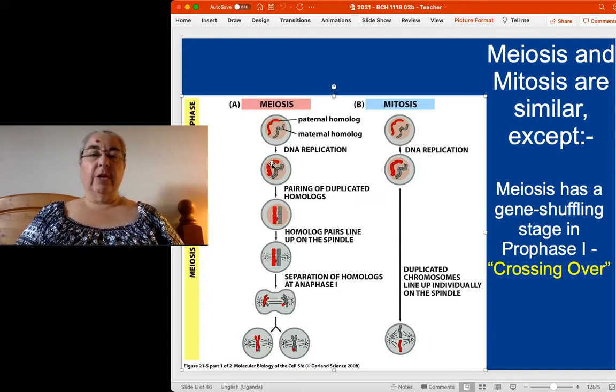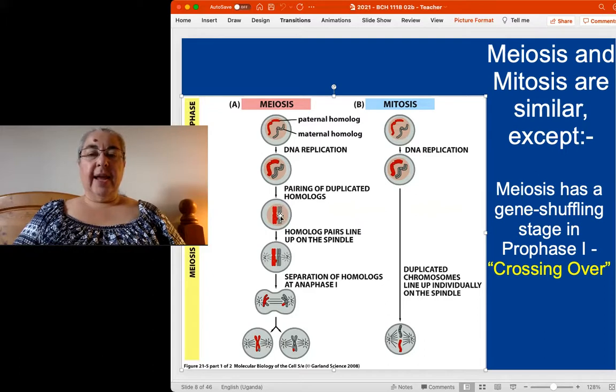And the chromosomes are now in the familiar X form with sister chromatids. Okay, so each side of the X shape is a sister chromatid. So these homologous chromosomes, each of which has already been replicated or duplicated, line up together.